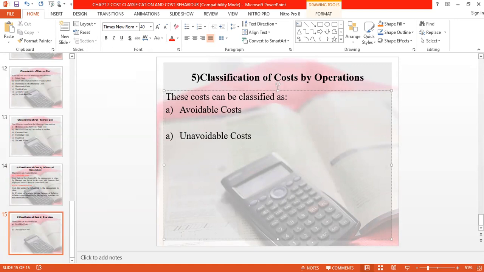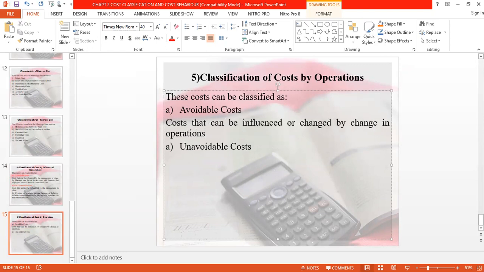So what are avoidable costs? Costs that can be influenced or changed by change in operations. We change the way we operate in the business.